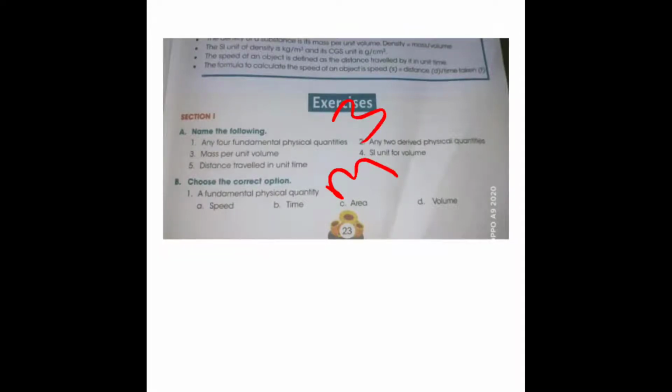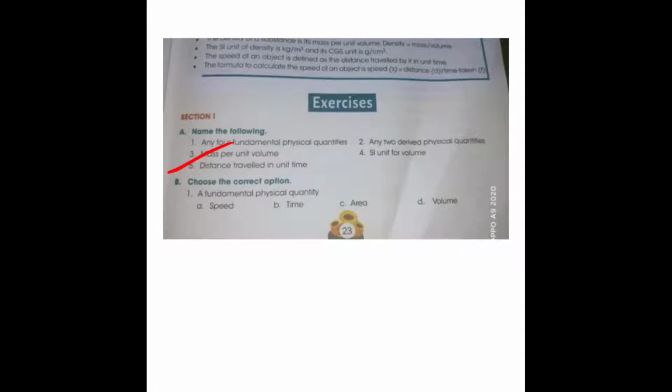Okay, so next, number 5, distance traveled in unit time, that is speed. We know speed equals distance by time. So distance traveled per unit time is known as speed. Number 5 answer is speed.